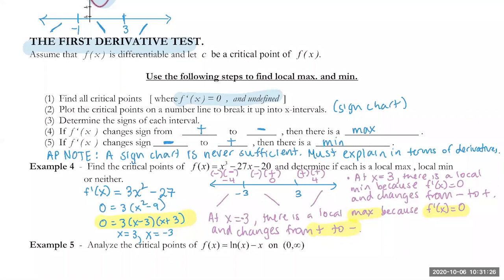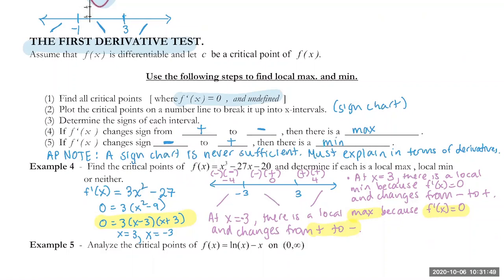Okay, here come the nitpicky parts. If you were to get this on a free response for your test, and you say: there is a max at x equals -3 because f prime of x changes from increasing to decreasing, that is incorrect.